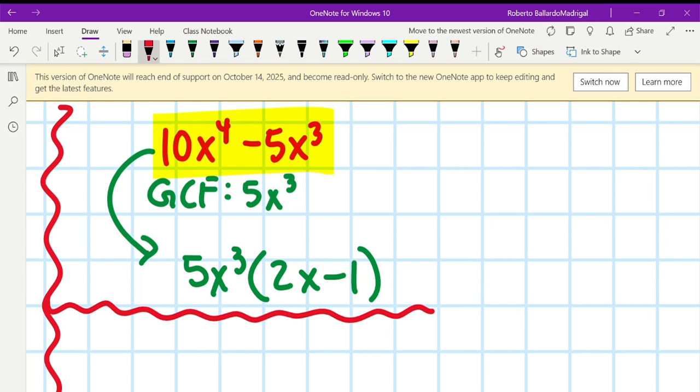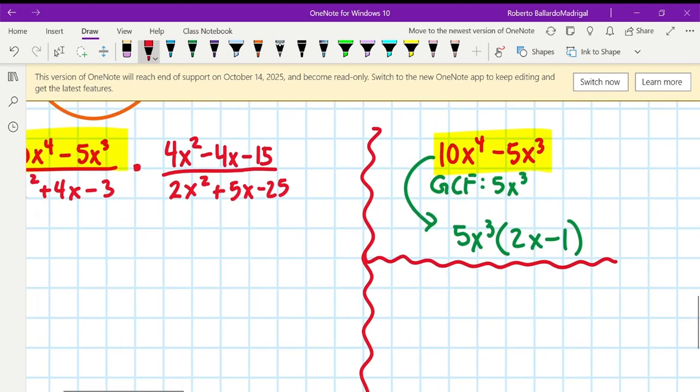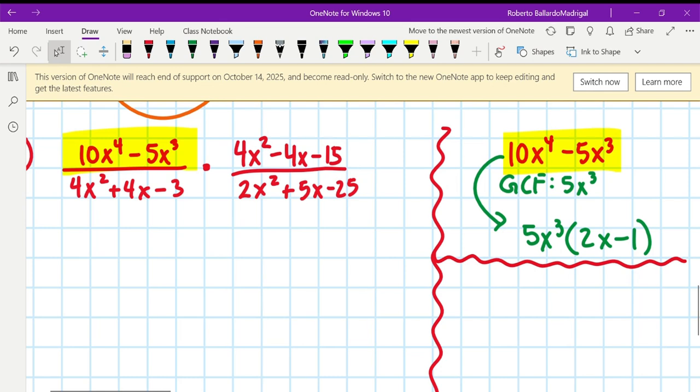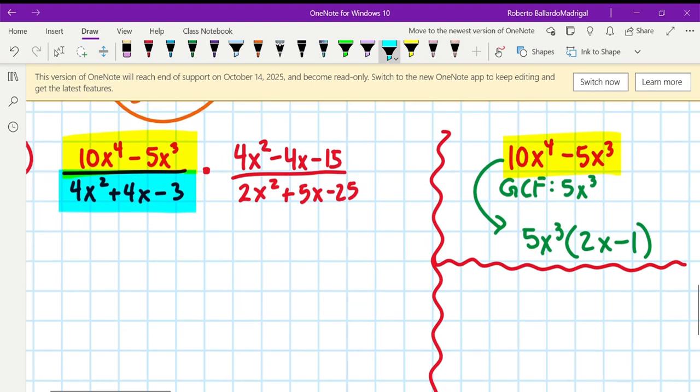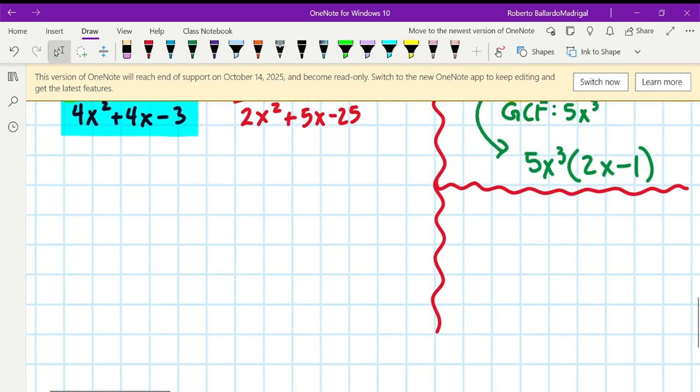Ready? So now we're going to look at the denominator for the first fraction. I'm going to highlight this in blue. We're going to look at this trinomial in blue. Question? Okay. So now we're going to write that down over here: 4x squared plus 4x minus 3.